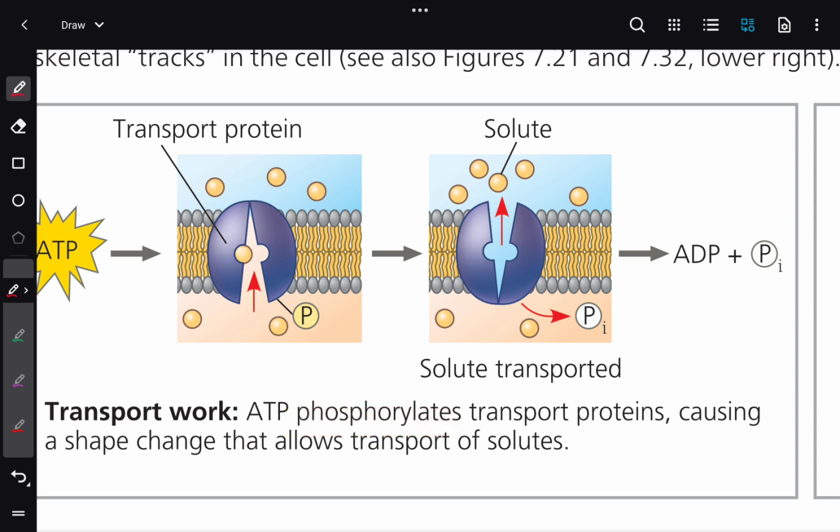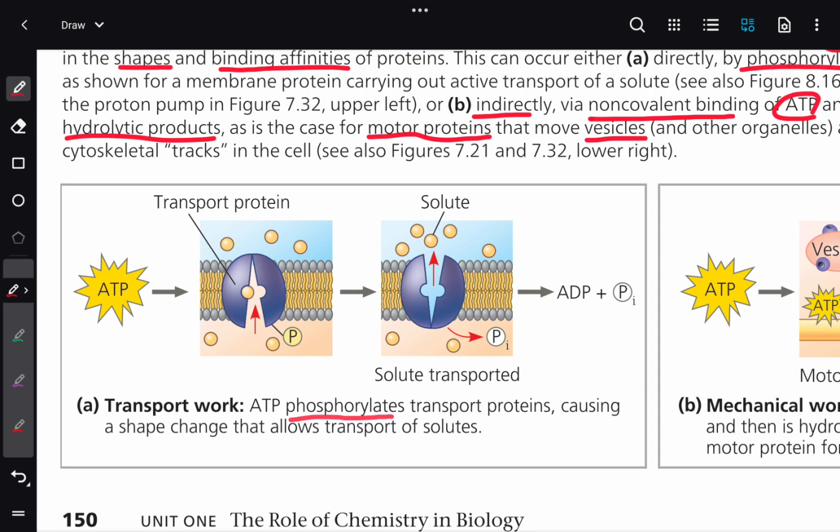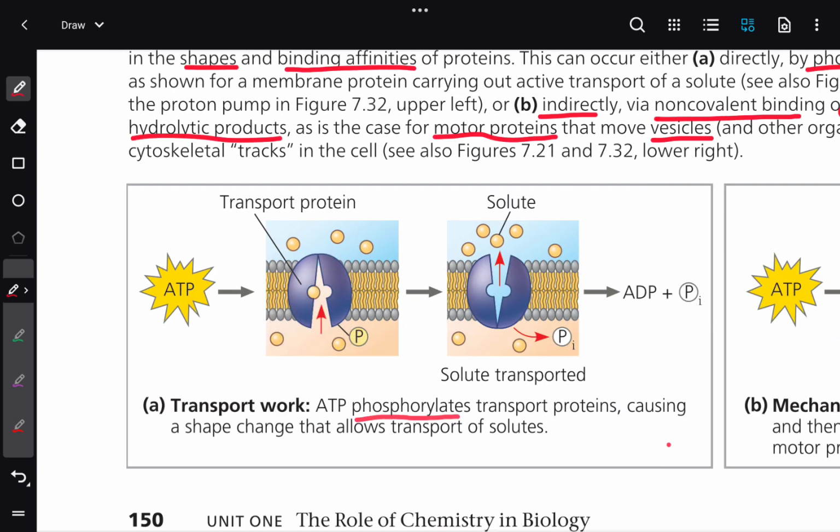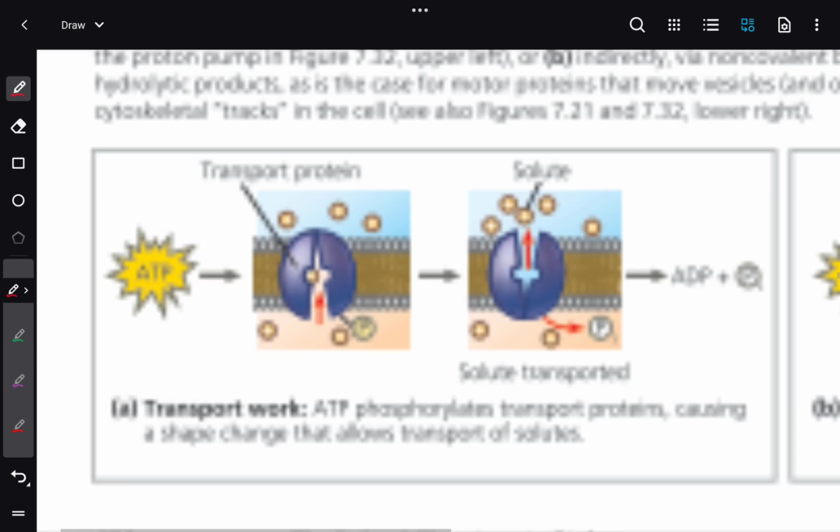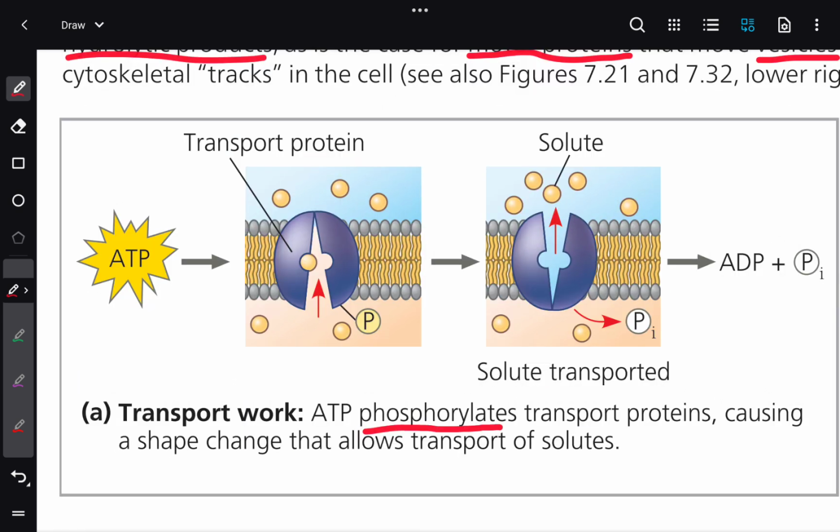That means it delivers a phosphate group to the transport protein, and causes a shape change that allows transport. So that's very evident. And here's the organic group that's discharged after the transportation is conducted.